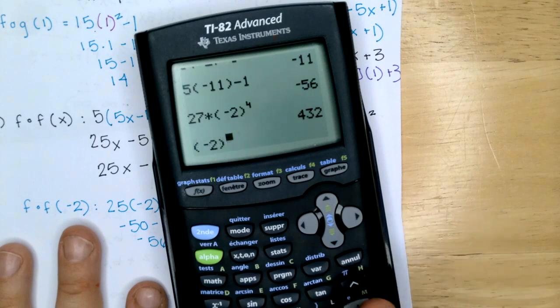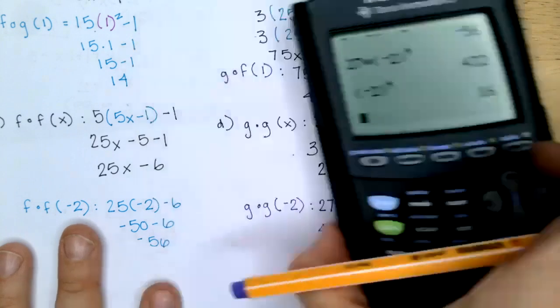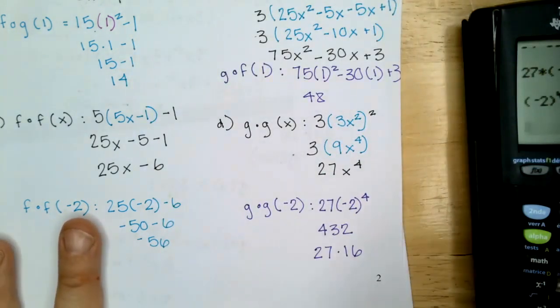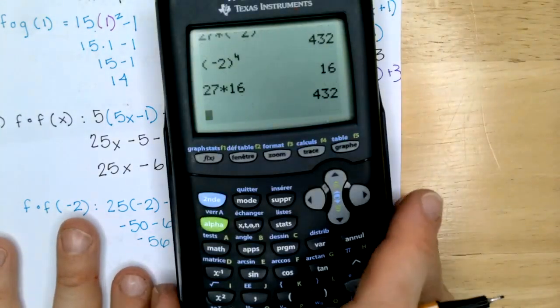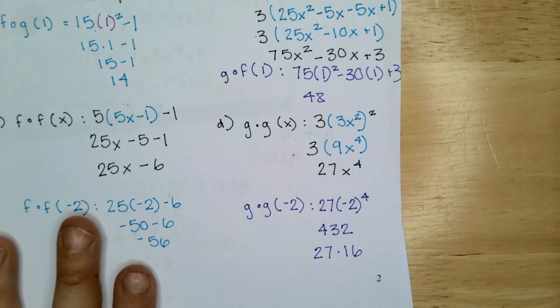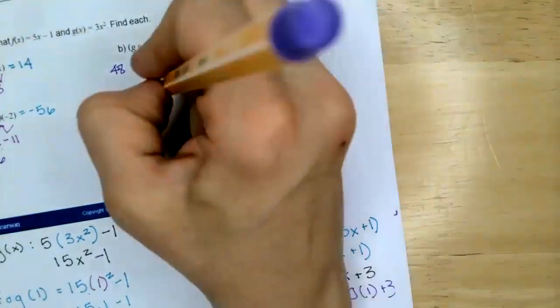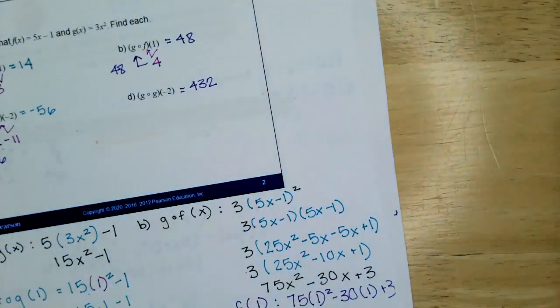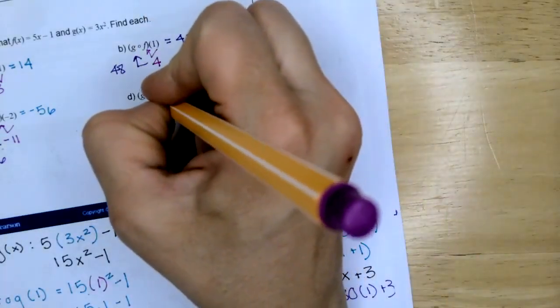Negative 2 to the 4th is 16. 27 times 16 is 432, just in case you were wondering. All right. Equals 432.